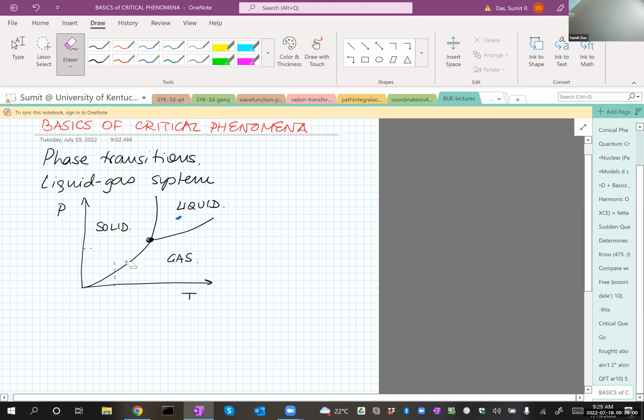These phases are separated from each other with lines. And in this case, these lines are called first order lines.